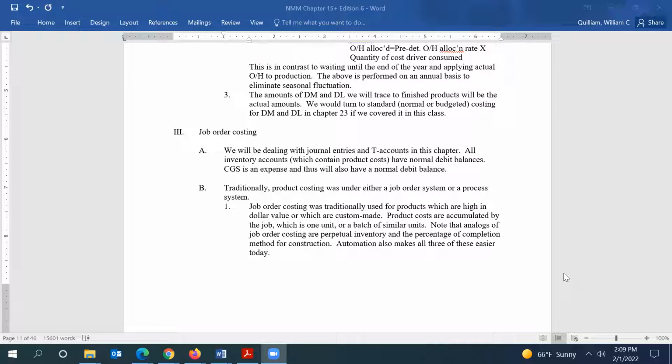So here with job order costing. As I said, we'll be dealing with journal entries and T accounts here in the chapter. And by the way, all inventory accounts which contain product costs have normal debit balances. Cost of goods sold is an expense and thus will have a normal debit balance as well.